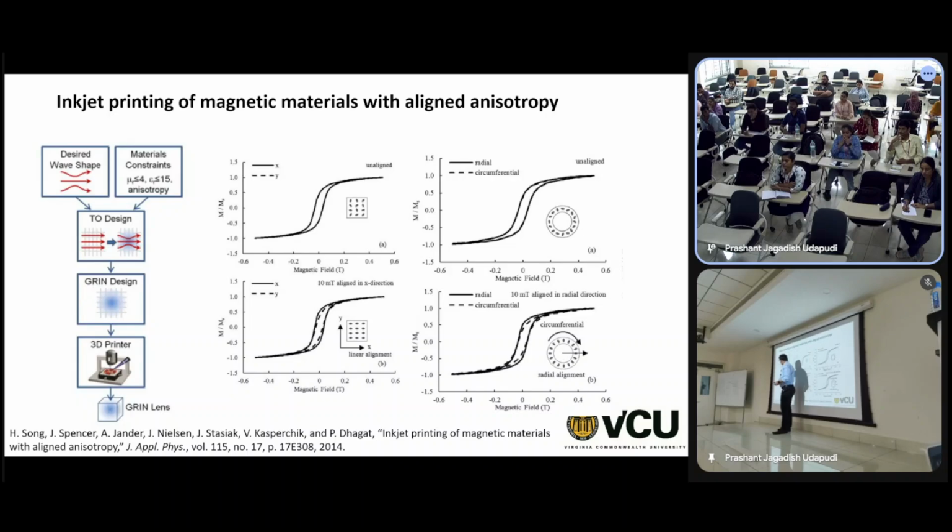Then you can change the permeability of the material based on the direction of the applied field when you are making it. Then you can create some lens with certain focality to it, and make the signal go through in the way you want.